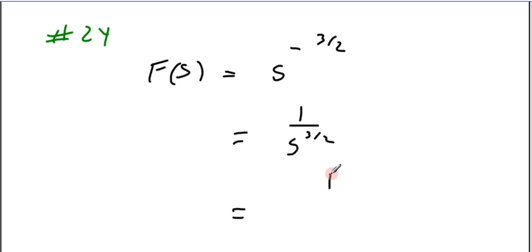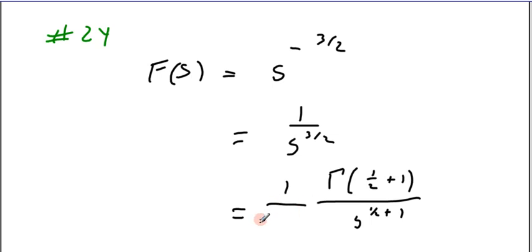But if I happen to have gamma function of 1/2 plus 1 on top, and I have s to the 1/2 plus 1 on the bottom, which I do, and I would divide that by gamma function of 1 plus 1/2, like that. So I'm going to do that.